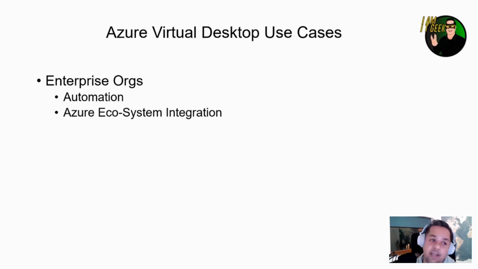Although Windows 365 does integrate with MEM, as does AVD, it's having that additional integration with services to automate sizing and automate shutdowns. And again, you have that MEM integration with Azure Virtual Desktop as well. But also being able to integrate with your Sentinel and services like that, I'm not sure if Windows 365 Cloud PC is there yet.